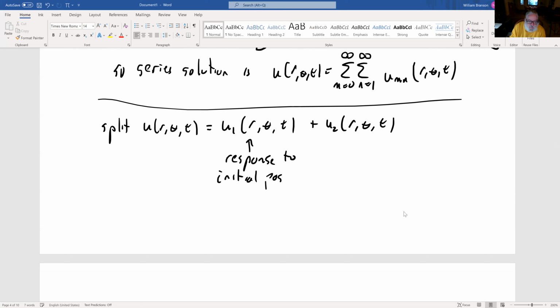If we're thinking of this as a drum, you pull it a little bit or you move it away from its equilibrium and you get a response due to that. And then you'll also get a response to the initial velocity. And we'll separate those two out.